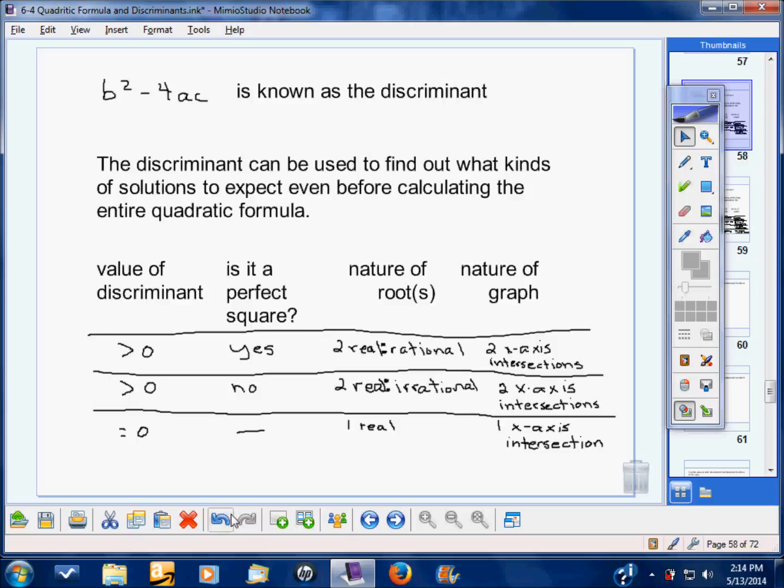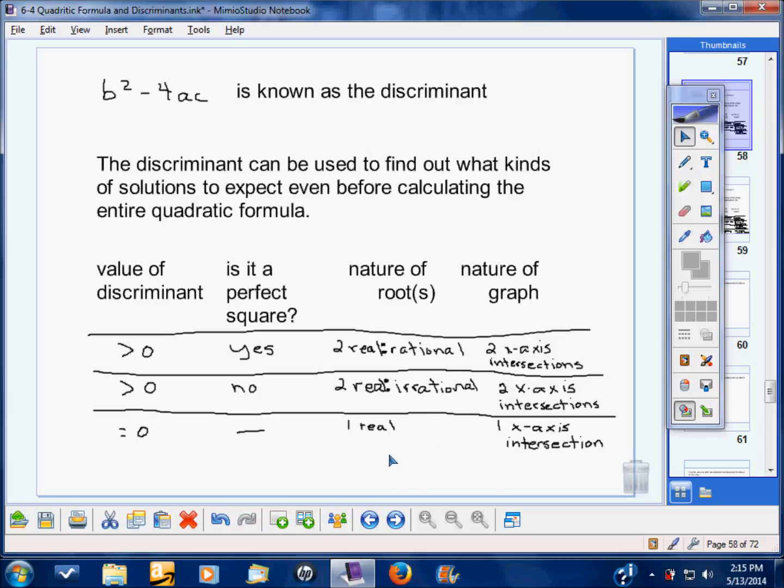Now, if it's less than 0, can it be a perfect square? No, it can't even be a perfect square if it's negative. It's not rational. The nature of the roots, if it's negative, that means you bring the i's out, right? You have imaginary numbers.